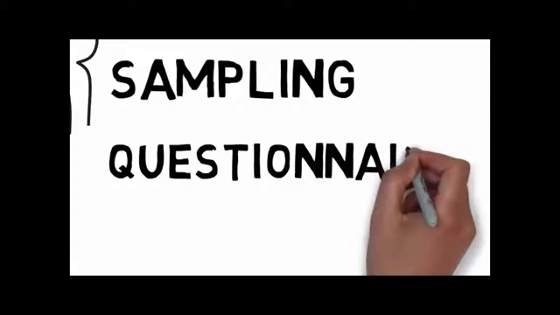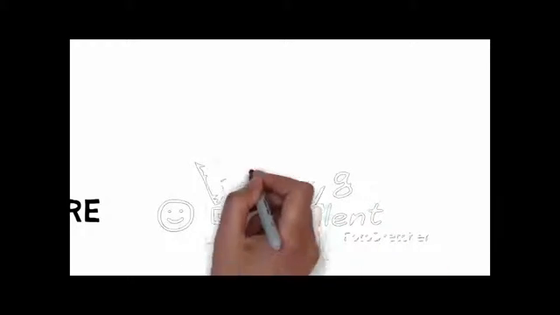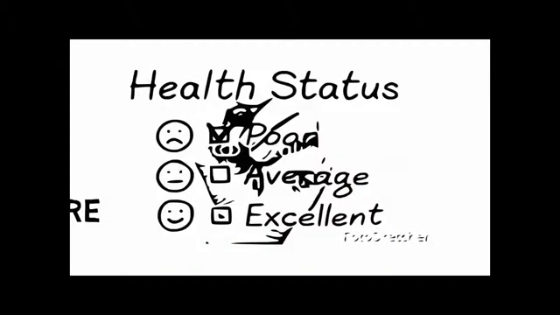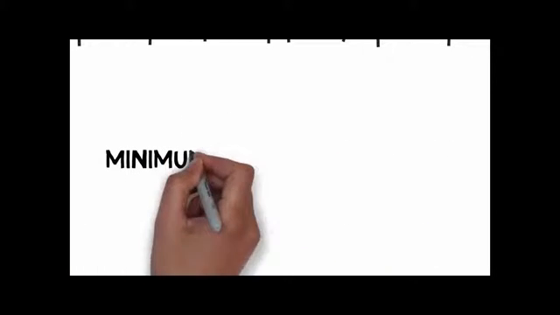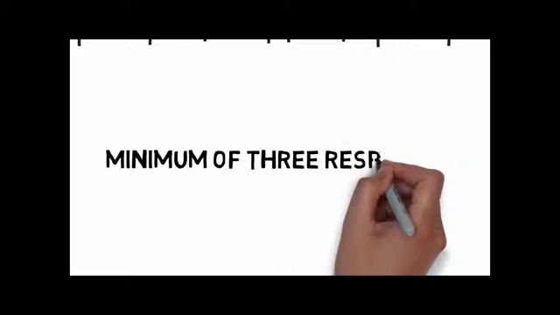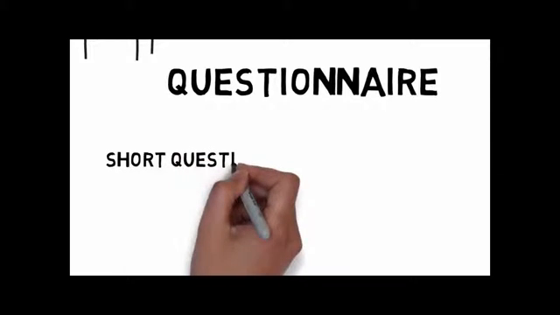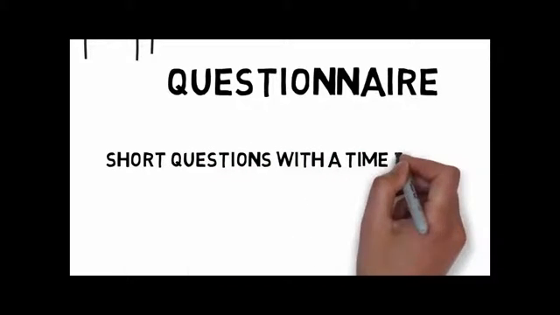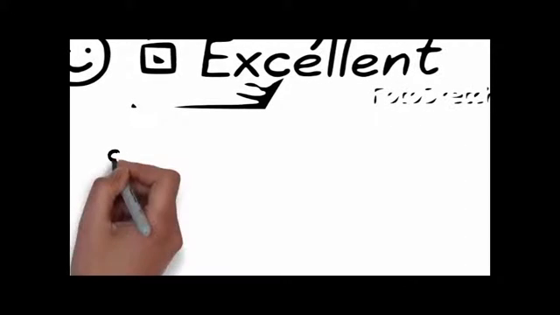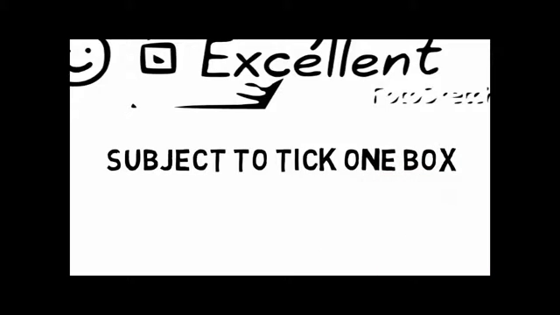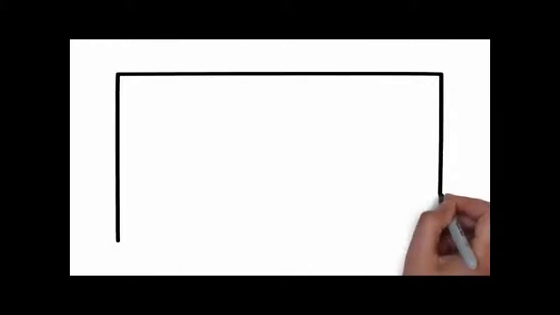Now, when we're sampling, we use a questionnaire, and the questionnaire has to have a minimum of 3 responses, and these responses should have a time frame. The question shouldn't be leading questions such as you should eat healthy food, yes or no, and the subject should be able to tick only one box.